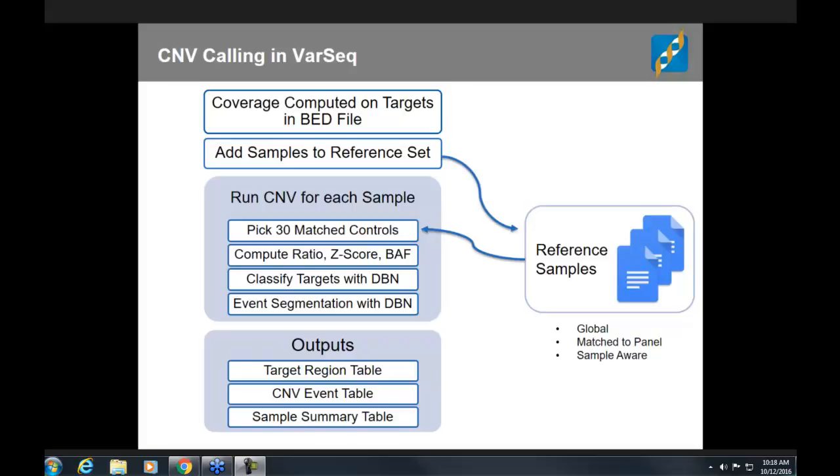You also obtain an event table that actually lists the individual copy number variations that were called, along with information associated with those. And we provide you with additional information in your sample table, providing summary CNV information associated with each one of your samples, things such as how many CNVs were called for this sample, etc.